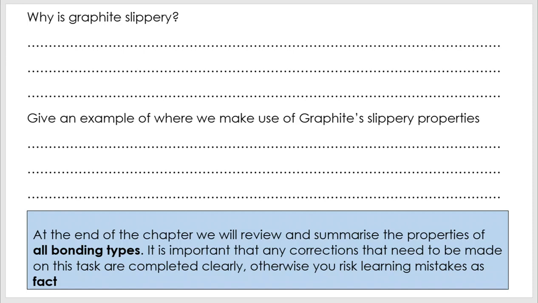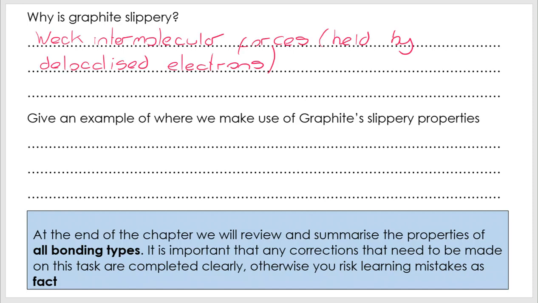So then we've got a little bit more here about the properties of graphite. Why is graphite slippery? And give an example of where we use those properties. Graphite is slippery because of the weak intermolecular forces, which are caused by the delocalised electrons. That's what's holding the layers together. But it means the layers within graphite can slide over each other.